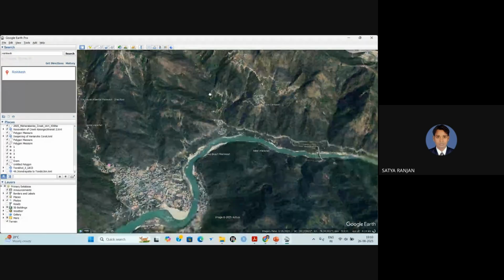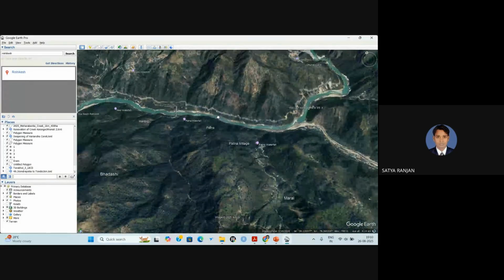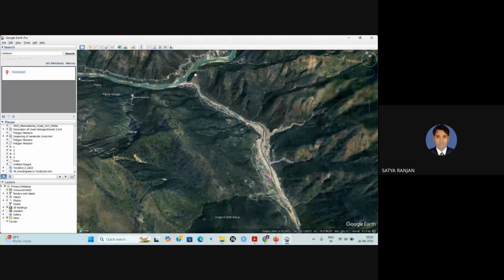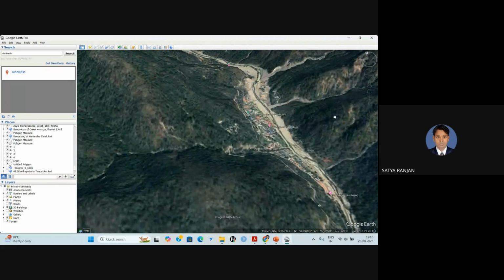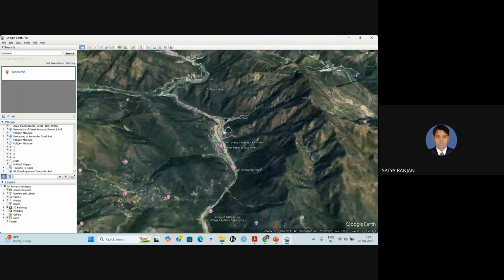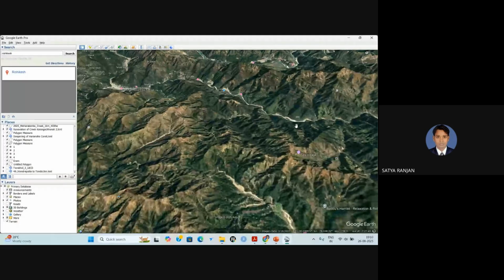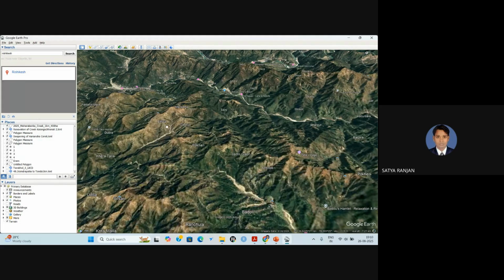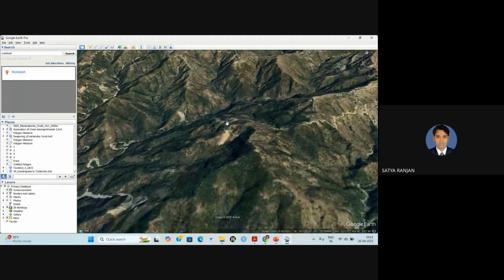So out of 10 or 5 areas, only this area has water bodies. This is water bodies, but in this area there are no water bodies. So based on the origin, it is decided whether water is present or not. But in the seasonal, monsoon areas, in the Western Ghats or Eastern Ghats, we can find water bodies.